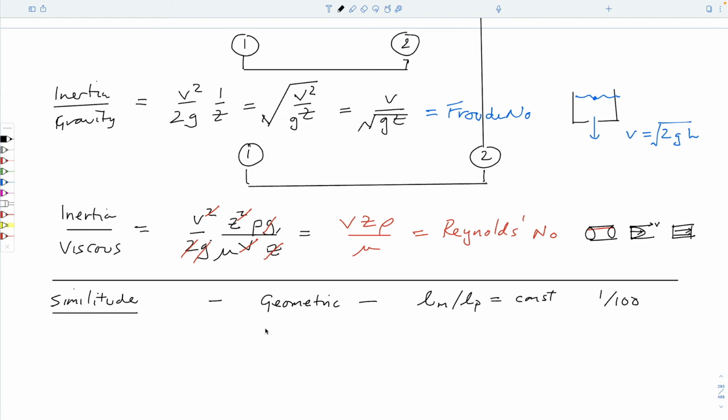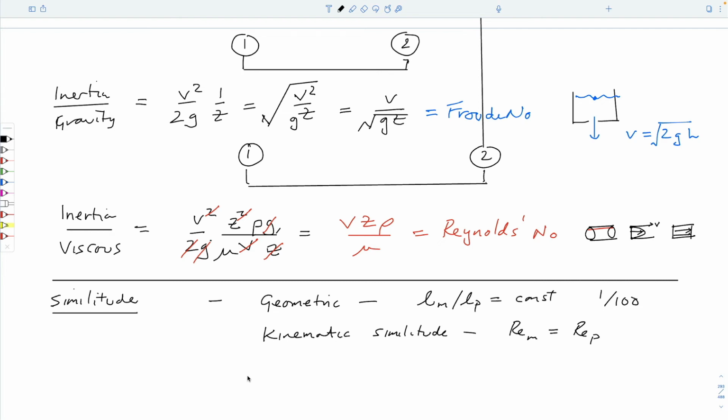The second one is called kinematic similitude. And that is that the Reynolds number of the model is equal to the Reynolds number of the prototype.